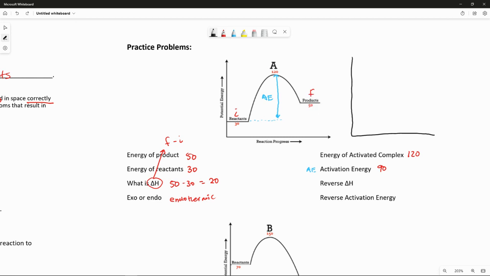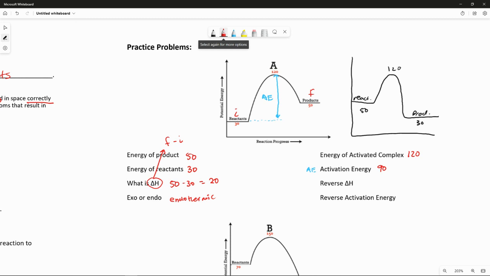Products are going to be the reactants this time, and our reactants are going to be the products. All we're doing is switching. So that is how it will look. We have 120 on top still, and the reactants are 50 and products 30. That is our new graph.